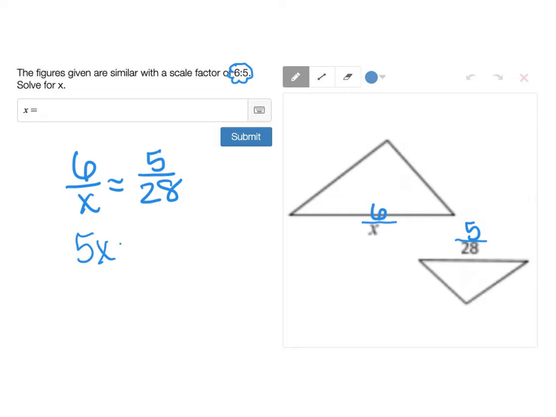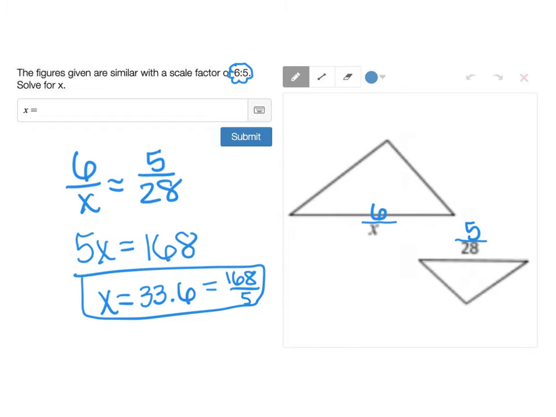Okay, so 5x equals 28 times 6. I think 168. Divide, and I get 33.6, or 168 over 5, whichever you feel like typing in.